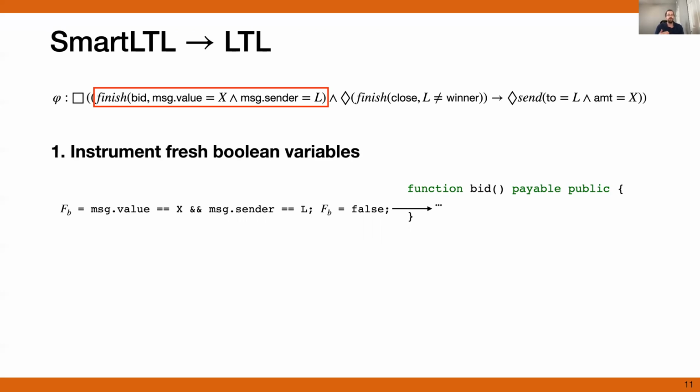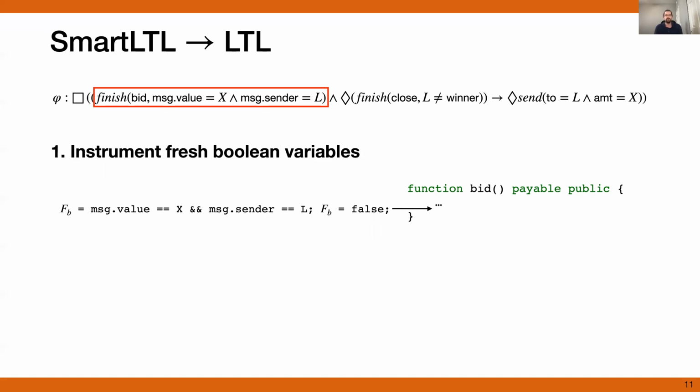In particular, if you look at the highlighted atom, this is how we would instrument that into the program. Basically, we would create a fresh Boolean variable, and we would set the value of the Boolean variable to be equal to the constraint specified by the user. But then we immediately set the Boolean variable to false.